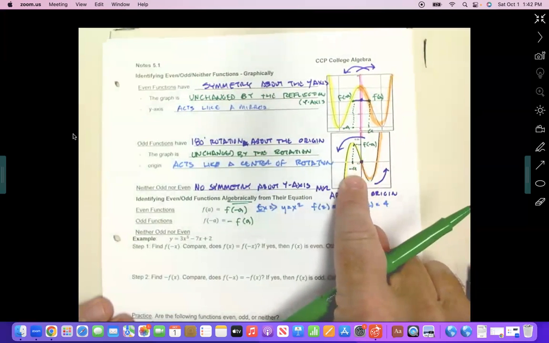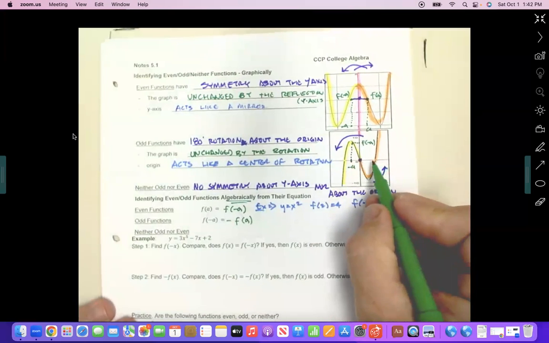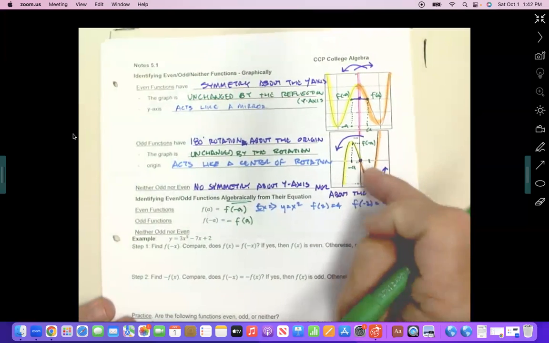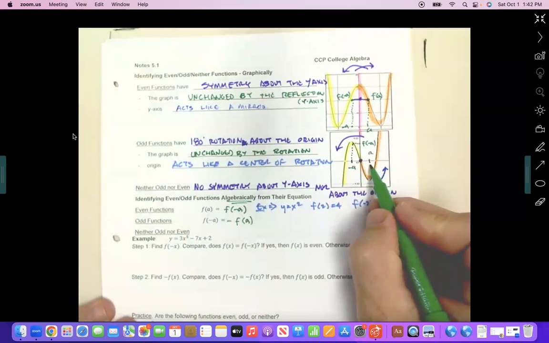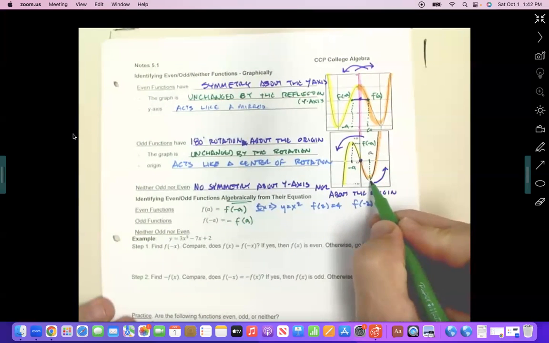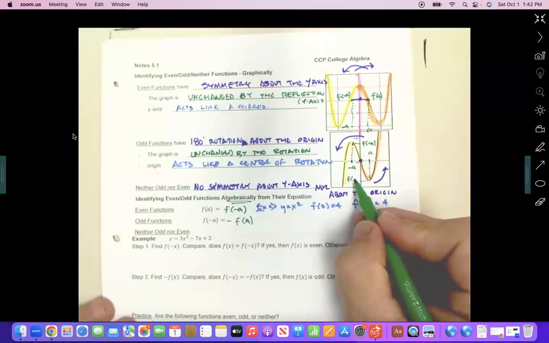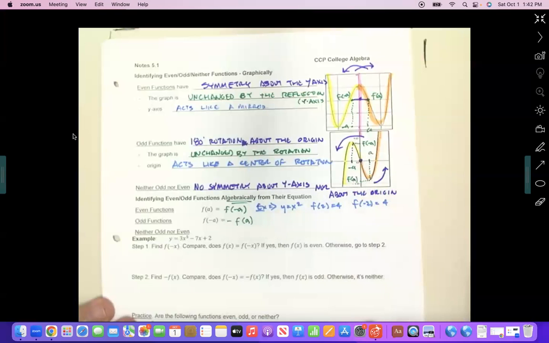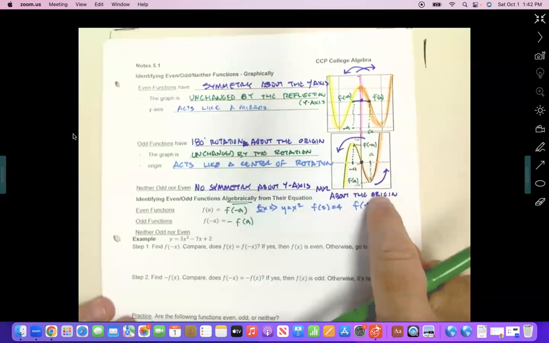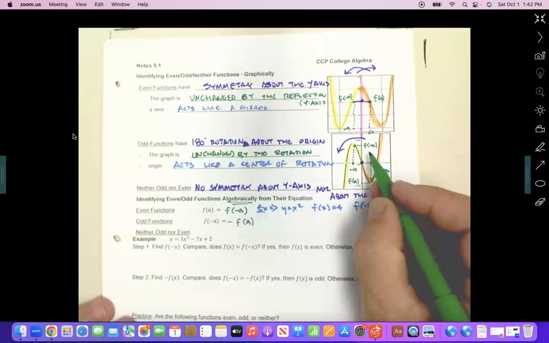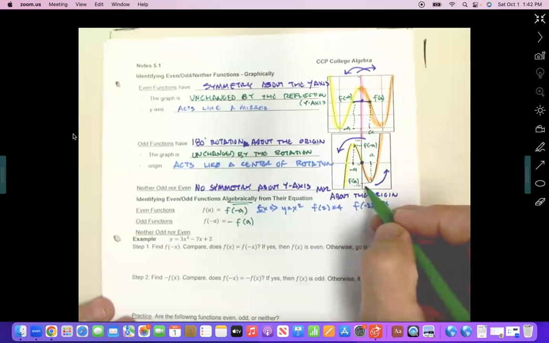Then we'll take that same value of a and enter it in not as a negative, but as a positive, and check the value of the function. And we'll get f of a. And then if we compared these two, they would have the same absolute value.